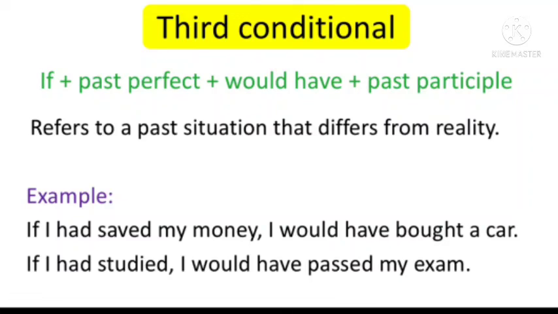So this is the rule to frame the third conditional. And let us discuss one more example. If I had studied, I would have passed my exam. Okay. So these are the examples for the third conditional. It refers to a past situation that differs from reality.